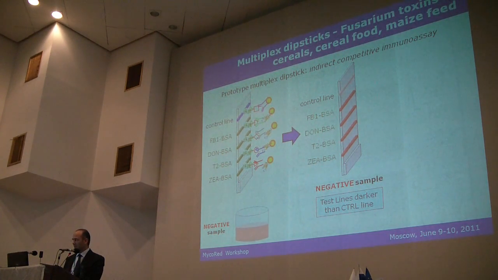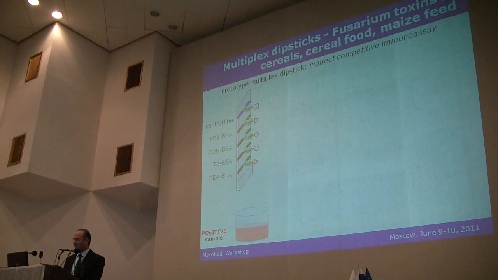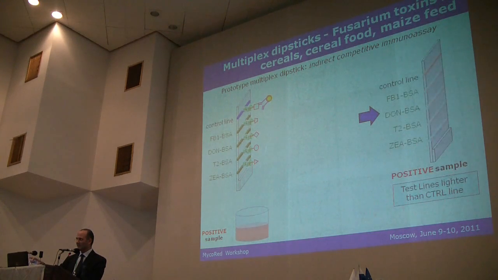So the test line on the strip will be darker than the line of the control. When the sample is contaminated with mycotoxin, the labeled antibody binds the mycotoxin in solution. So the only antibody that is free is the antibody that binds the control line. The test line on the strip will be lighter than the control line.